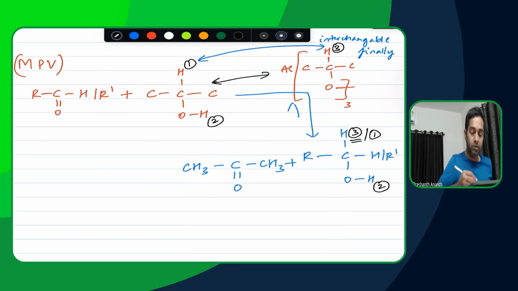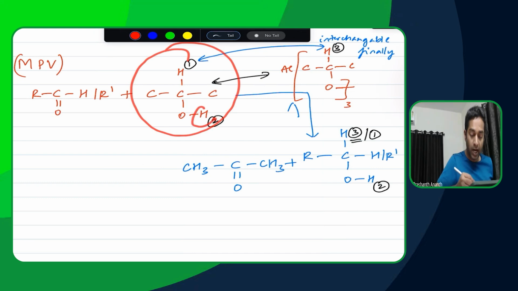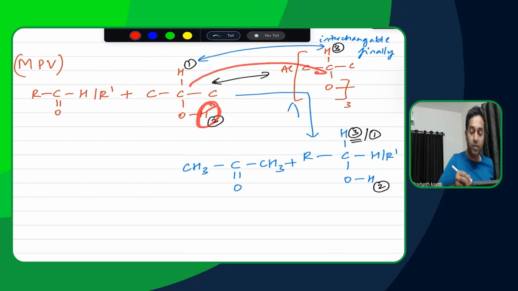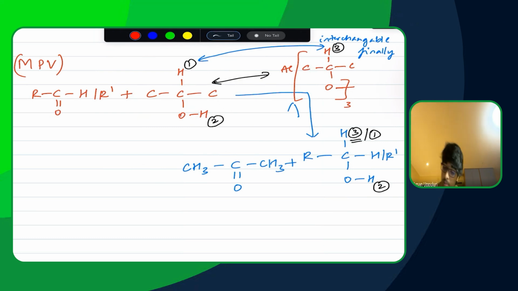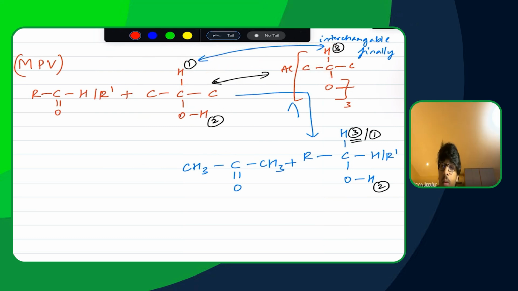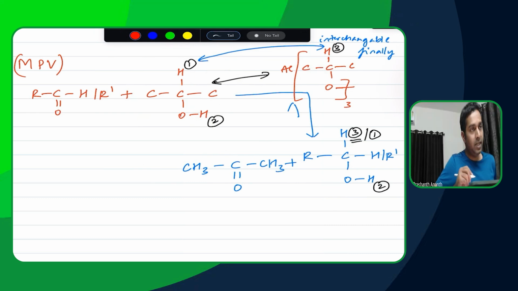Why? Because this one, which is supplying, is losing the hydrogen. Every time it loses the hydrogen, it will become this, and when the aluminum becomes this, 1 would have become 3. You understand the idea over here?